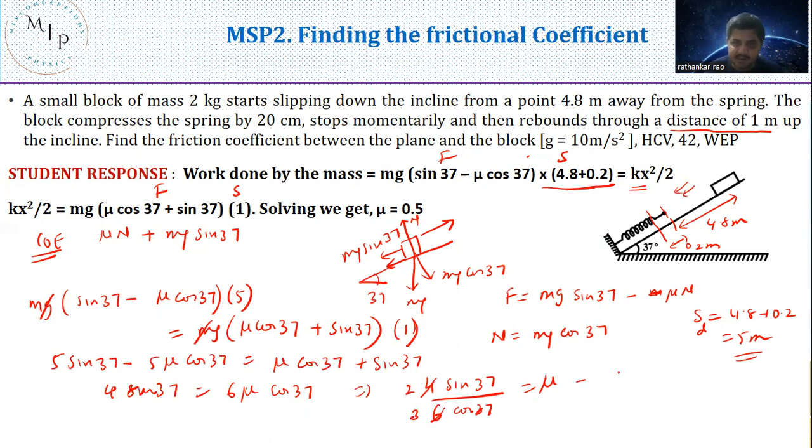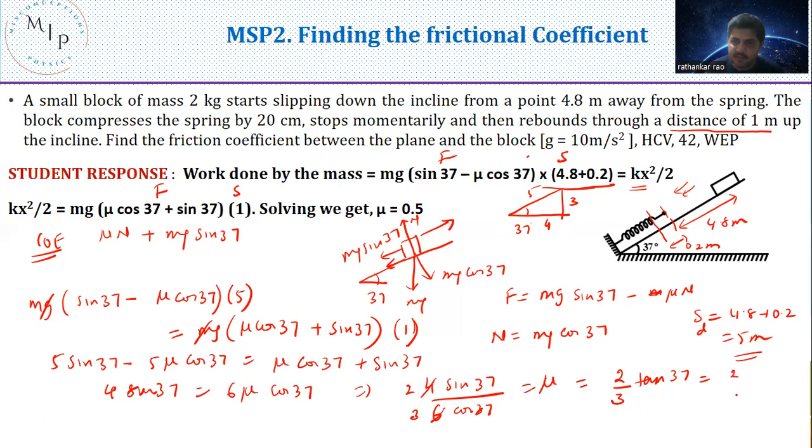And thus I get this as 2 by 3 sine 37 by cos 37, which is tan 37. Now what is tan 37? I hope you know this rule. This is your angle 37 degrees. This is your 4, this is your 3, this is your 5. So tan 37 is nothing but 3 by 4.